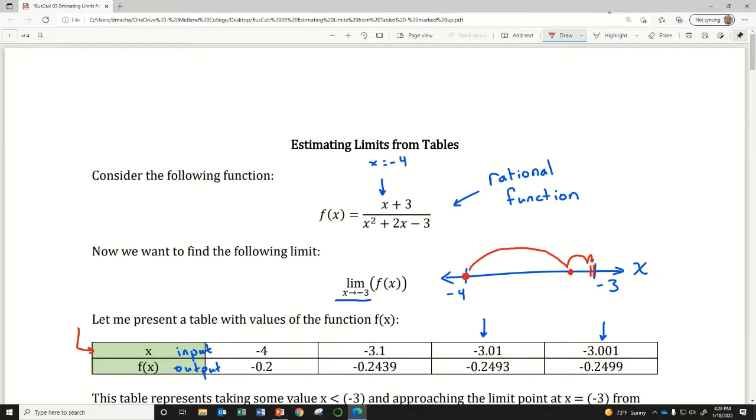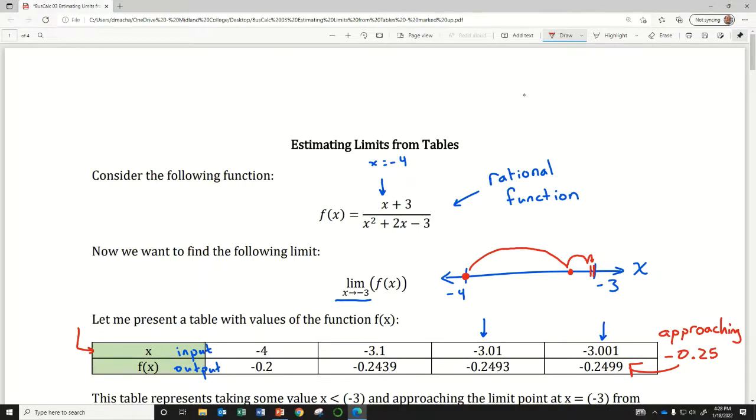What we need to do is look at what value the output of the function is approaching as the input of the function approaches -3. As we're getting really, really close to -3, it looks to me like the output of the function is approaching maybe -1/4. So we're approaching -0.25 as we get closer and closer to -3 in the input.